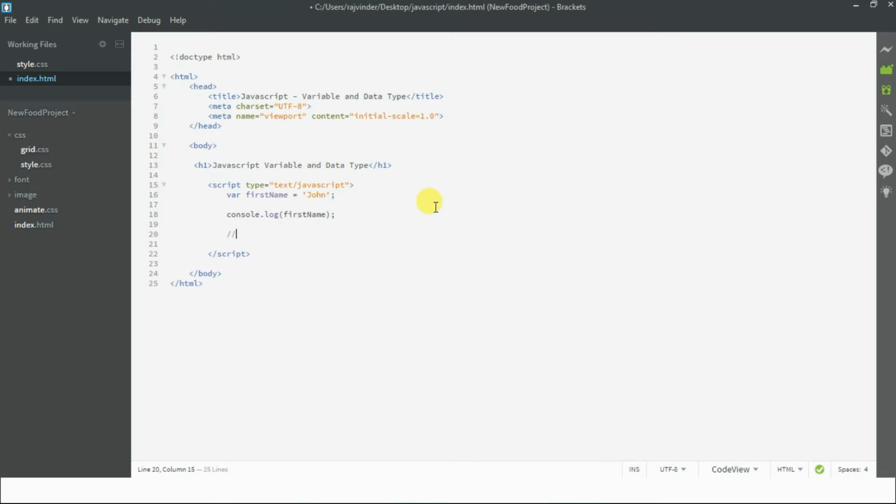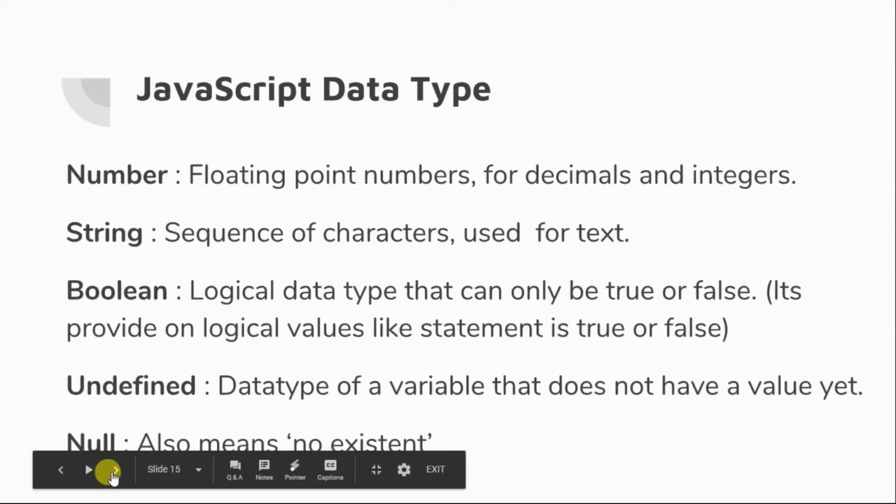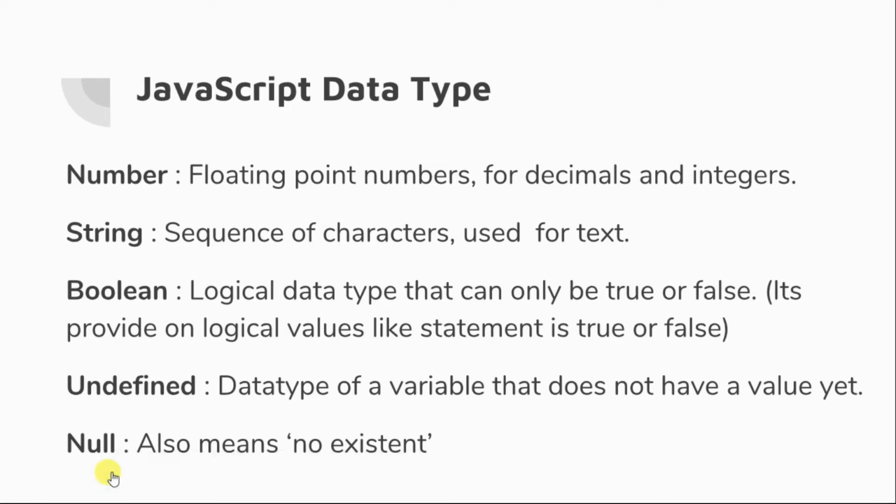After that we go through the JavaScript data types. First are number, string, boolean, undefined, and null. These are the five data types we are using in this video session.